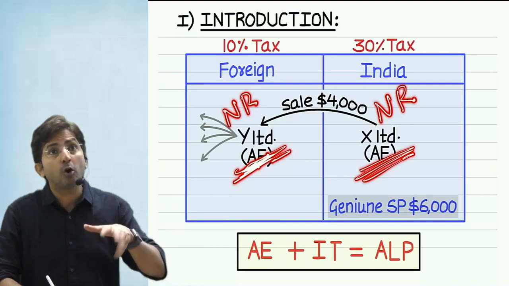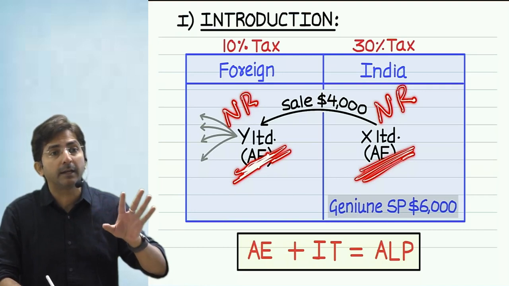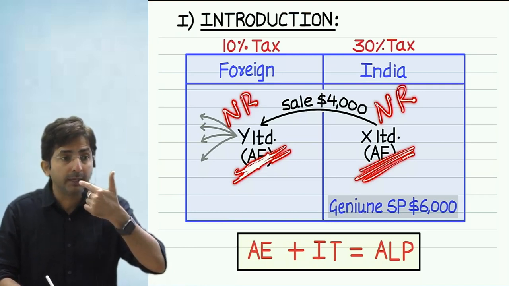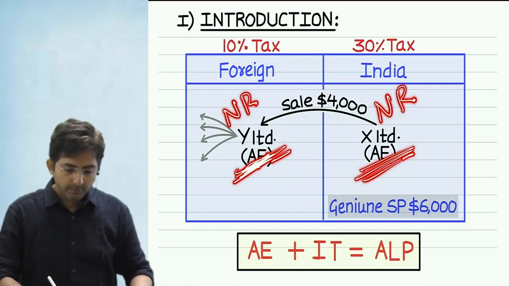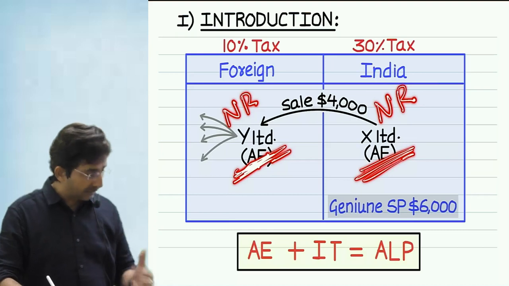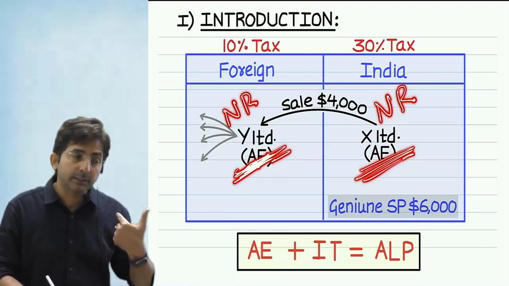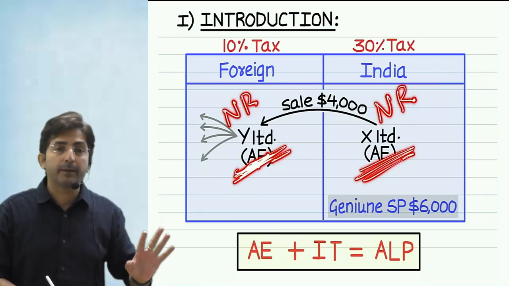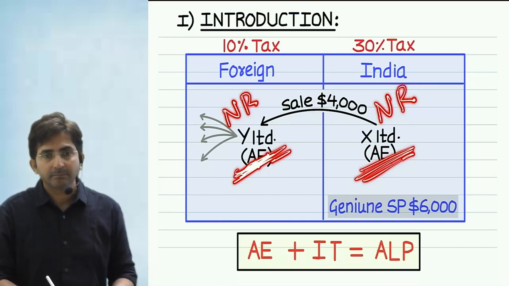If companies are incorporated in a foreign country, they become a foreign company, and a foreign company is usually NR. So both are NR, because I am assuming that X was incorporated in, say, Australia and Y was incorporated in Australia. So technically both are NR.